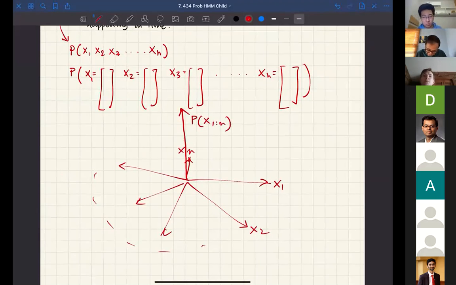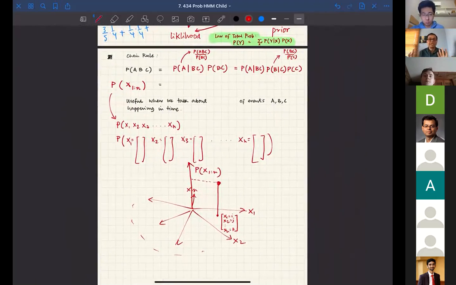So every point in this n-dimensional space has n values: x1 equals i, x2 equals j, blah, blah, blah, till xn equals k. And that point in that n-dimensional space will have some probability value. Right? This is what we are dealing with when we think of n random variables together, their joint probabilities.